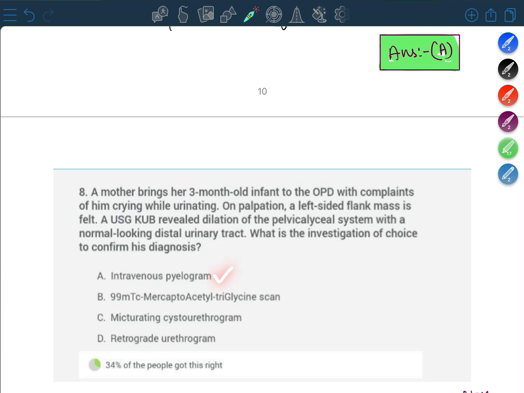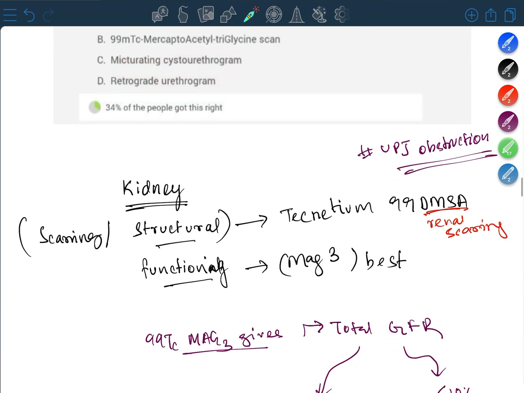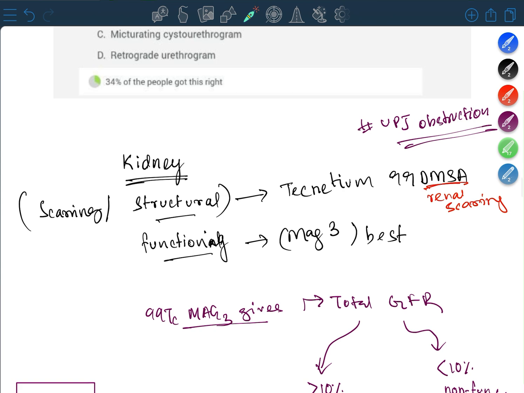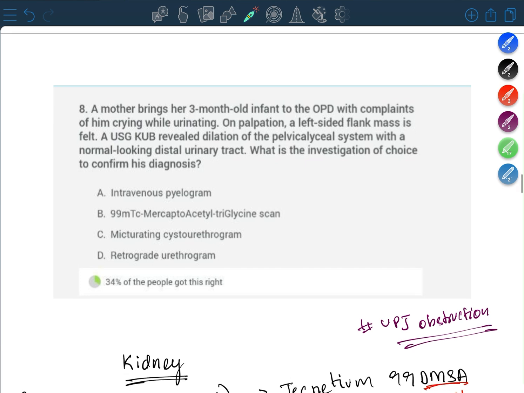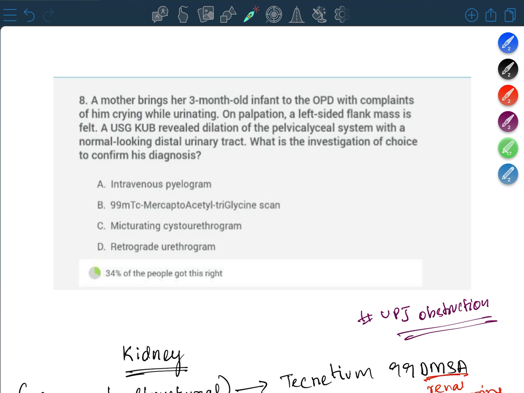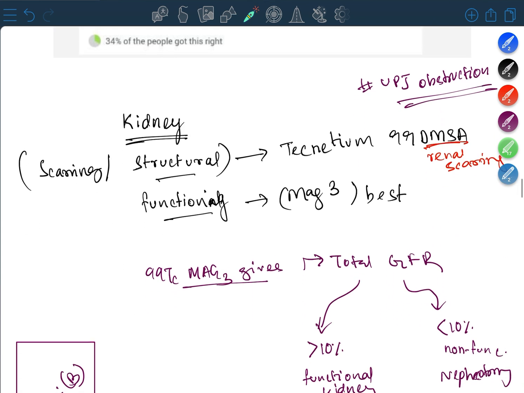Intravenous urogram. This is radioisotope. Micturating cystourethrogram or RGU. Okay. Let's see. For anything for the kidney, the investigation of choice, mainly we have two, either for the structure or for the function.